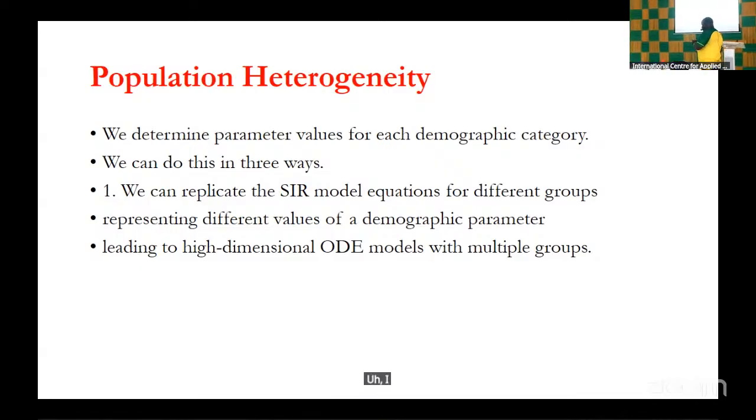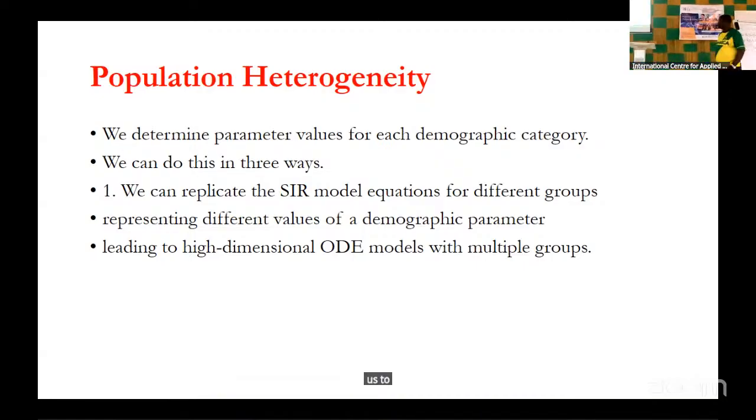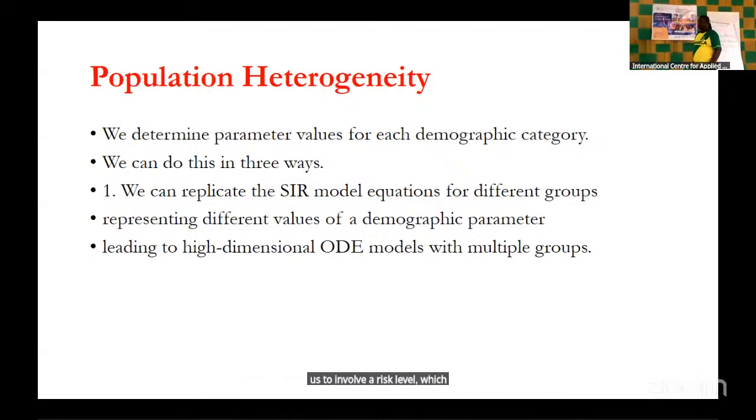I think we will not go too far, but lots has been done around heterogeneity that has to involve risk level, which Prof tried to take us through, and then the transmission, the contact matrices that we saw coming up, as against what you have for a homogeneous case when the transmission is just within a homogeneous population.